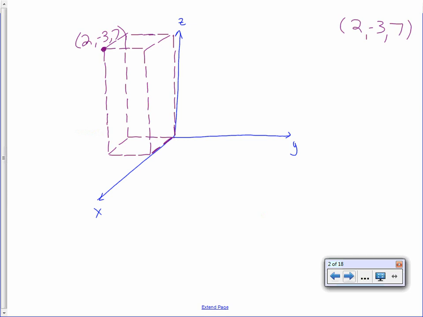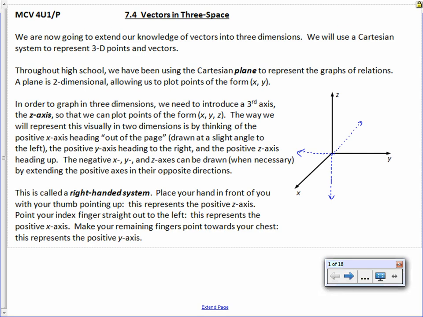And then it says a 2D graph has 4 quadrants. A 3D graph has 8 octants. Does that make sense? I'm going to go back to this picture here. How many places could you draw a box? Think of it like you could go forward to the right and go up for a box, forward to the right and go down for a box, forward to the left, go up for a box, forward to the left, go down for a box.